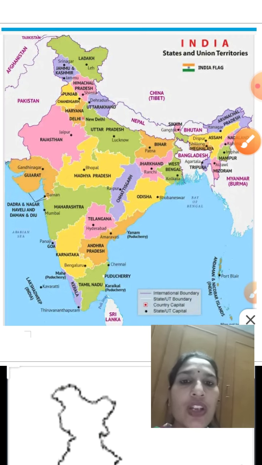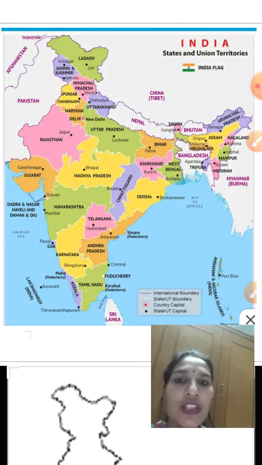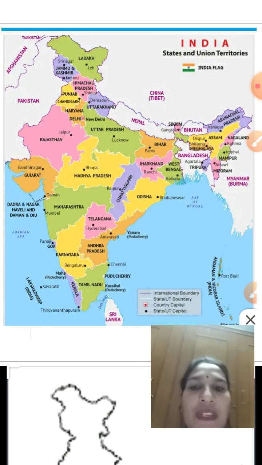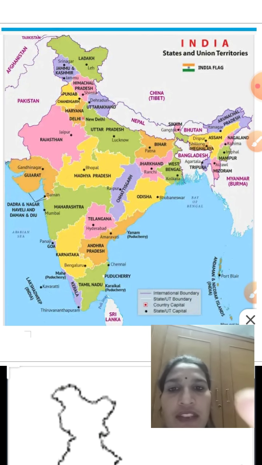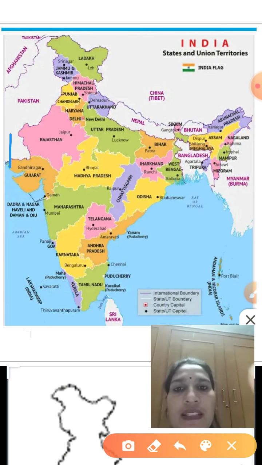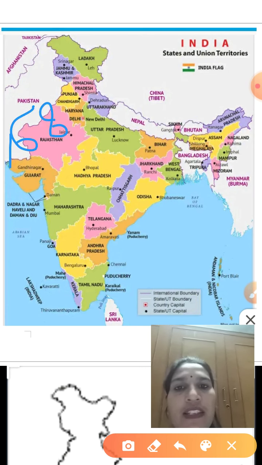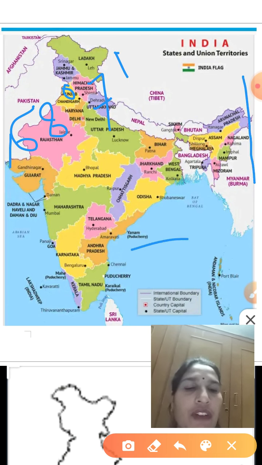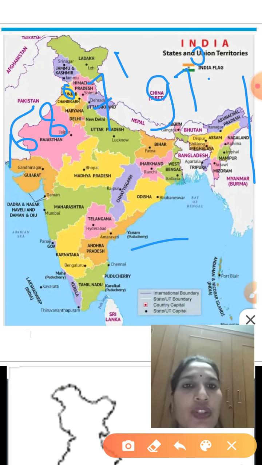Now see the longitudinal extension, the vertical one. It starts from Gujarat, from 68 degree 7 minute, the initial point, to the last point of Arunachal Pradesh, 97 degree 25 minutes.